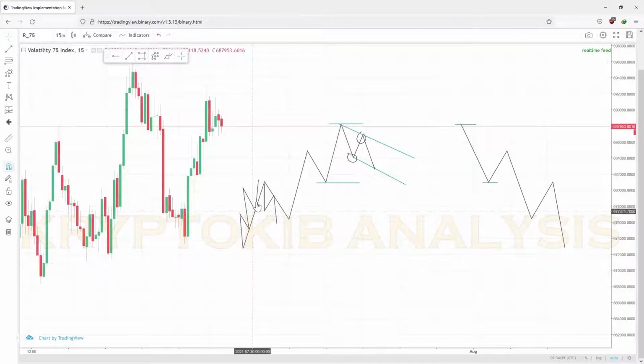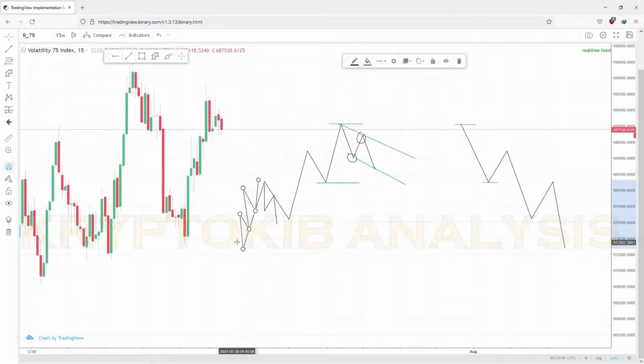So for there to be 5 impulse waves, if this big move happens to be on a bigger time frame and you then go to a lower time frame on that particular move, from this very low to this very high, some people say 1, 2, 3, 4, and then we expect the 5th move. But if you go to a much lower time frame than this, maybe 3 minutes or 1 minute, you are going to see proper waves like this.